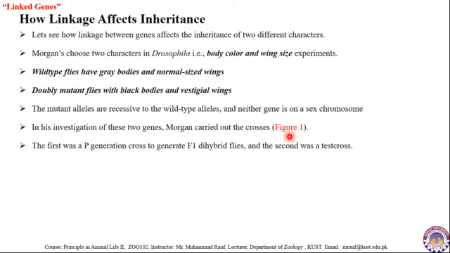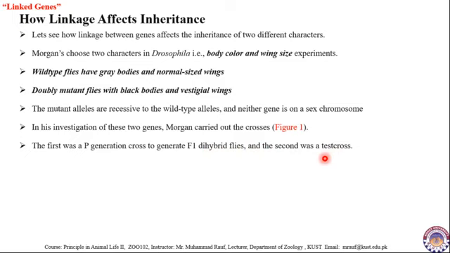The first was a P generation, parental generation cross to generate F1 dihybrid flies. And the second was a test cross. So he performed two types of crosses.